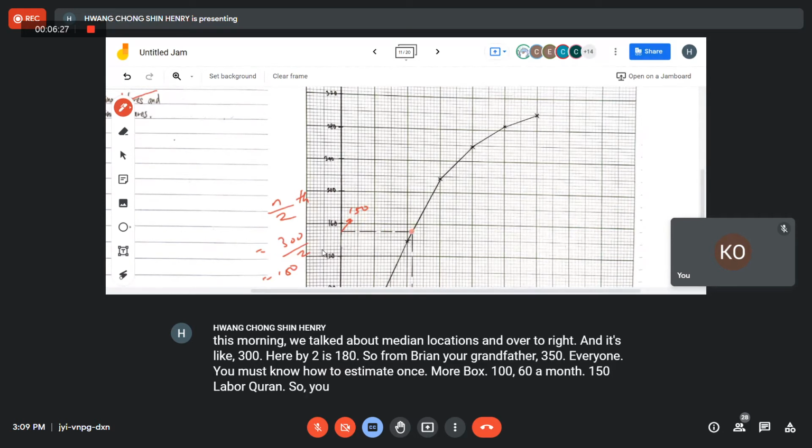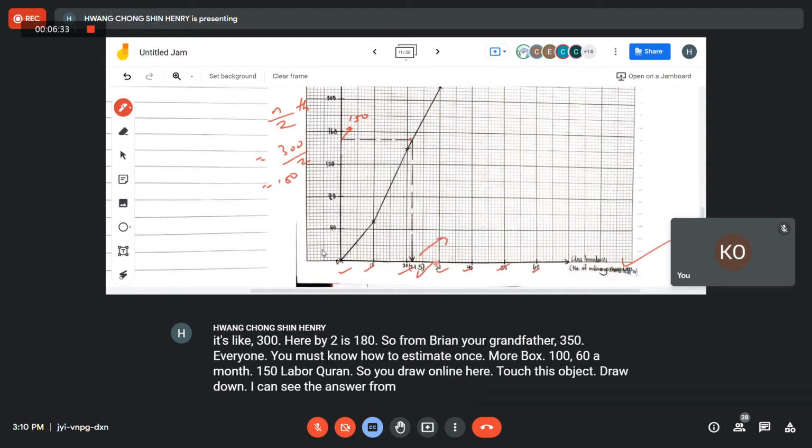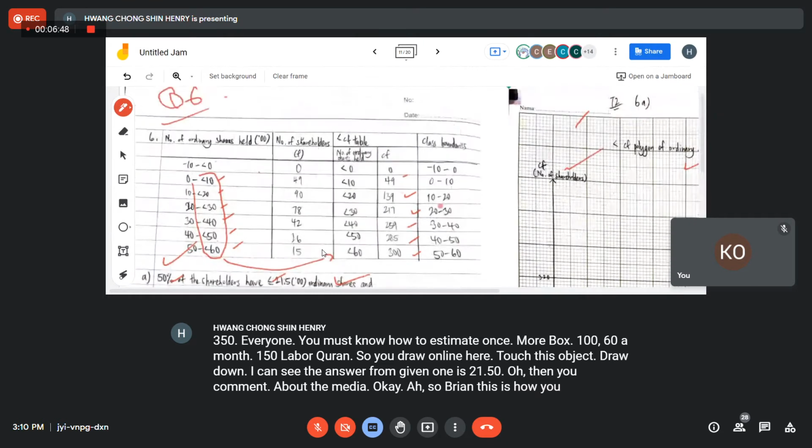You draw one line here, touch this graph, draw down. You can see the answer given is 21.5. This is your median. Then you comment about the median. Okay? So Brian, this is how you explain your answer.